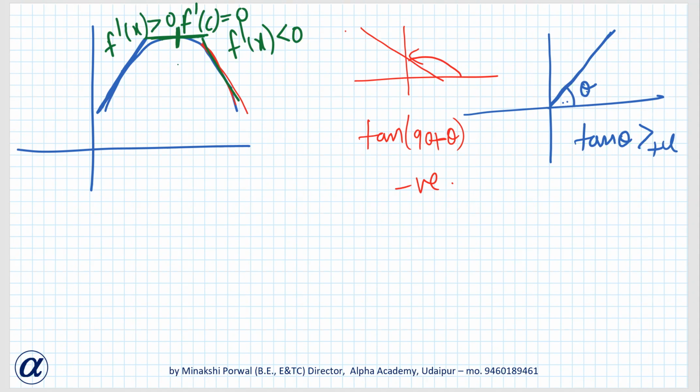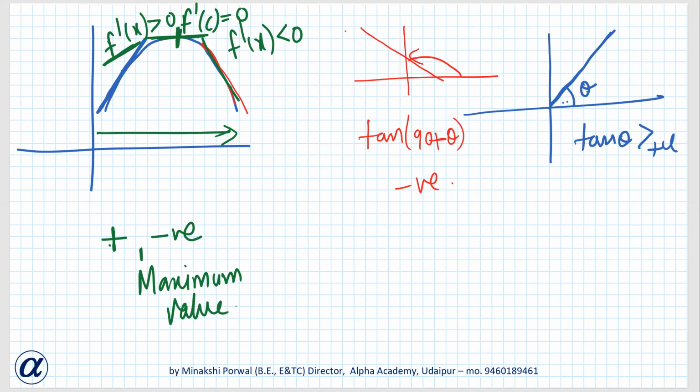So when we approach this way, if the slope of the graph changes, or the sign of f dash x changes from positive to negative, then we say that at that extreme point it is the maximum value of the function, or maxima.